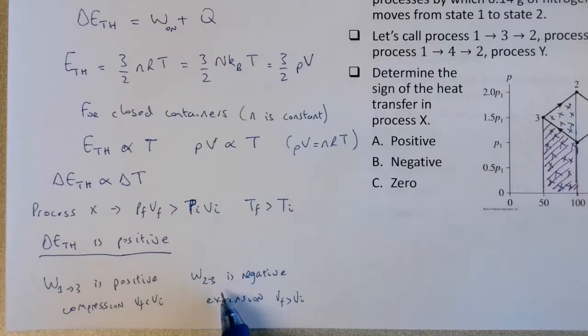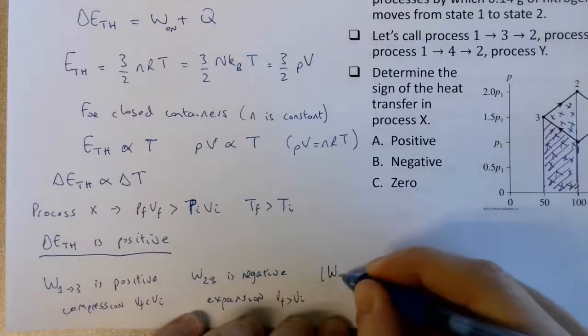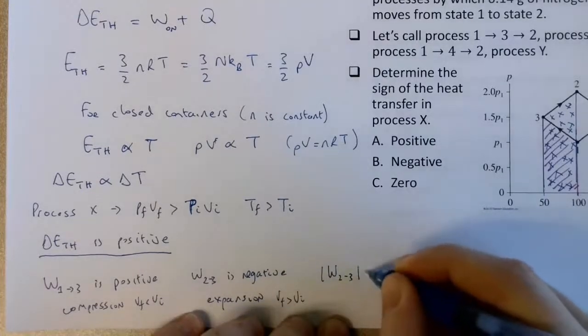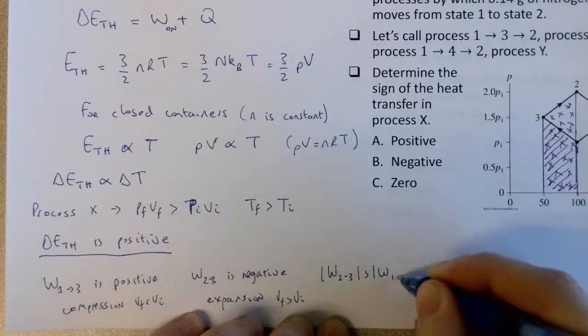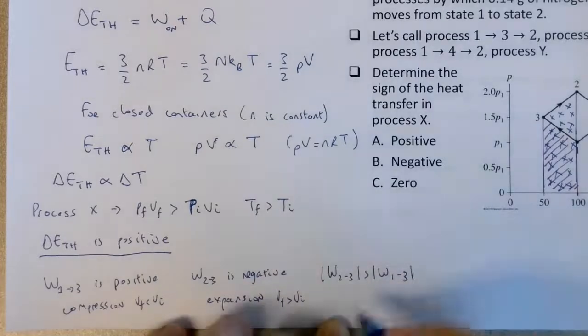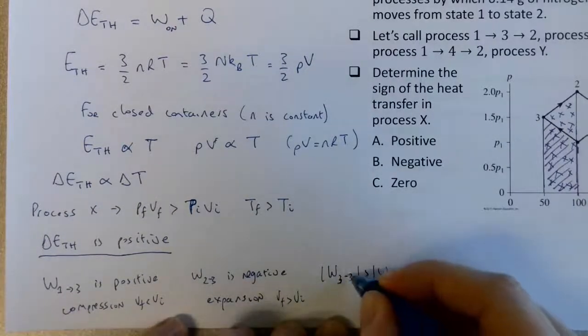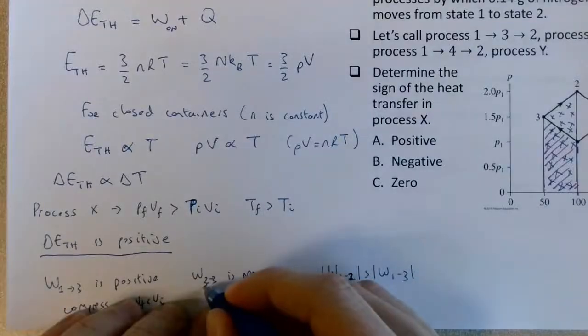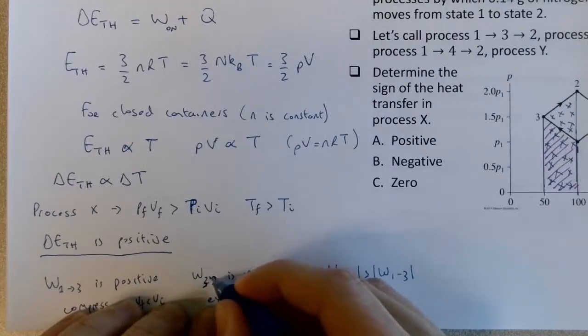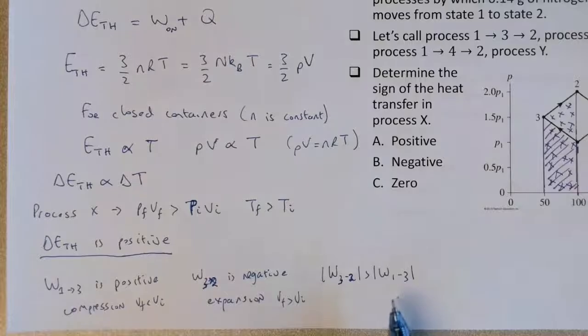And I know that the total amount of work done, so the work done from 2 to 3 is larger, so the absolute value of work 2 to 3 is larger than the absolute value of the work 1 to 3. So this is 3 to 2, sorry. I made that mistake there too. So this is, sorry, 3 to 2. Sorry about that.